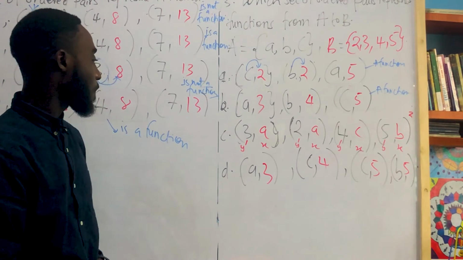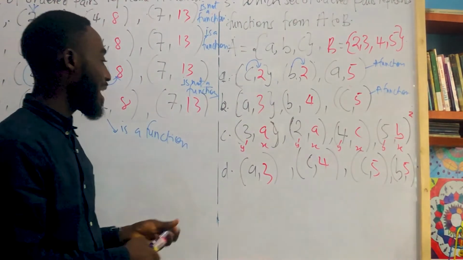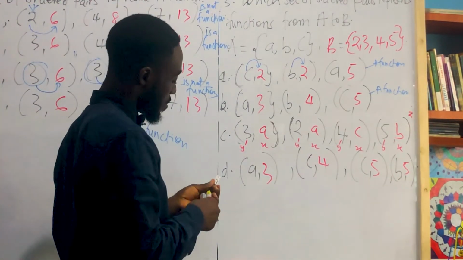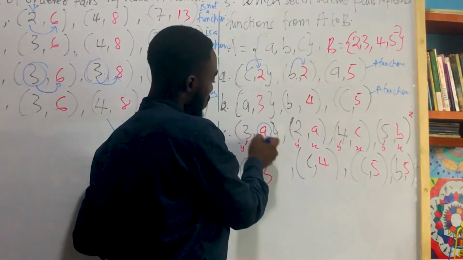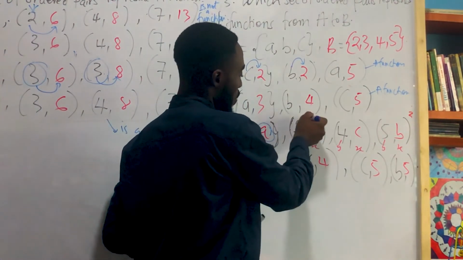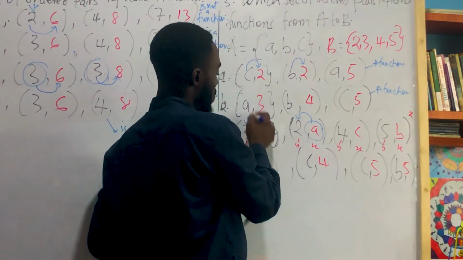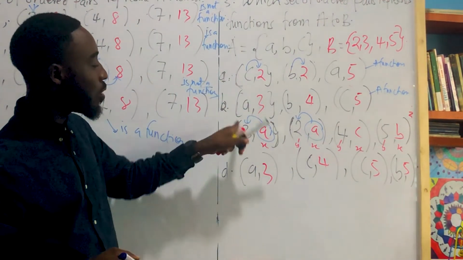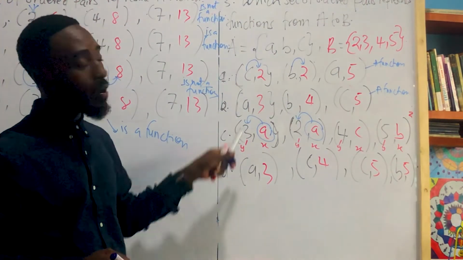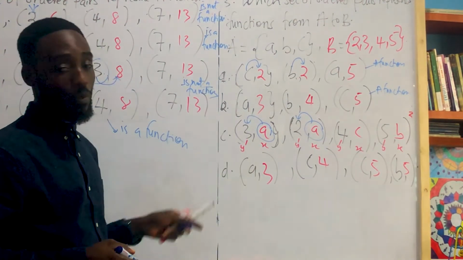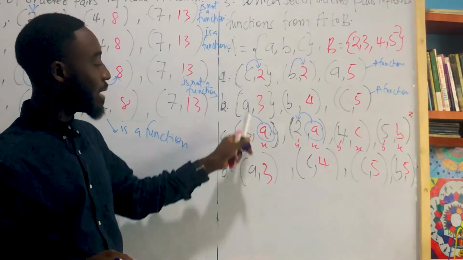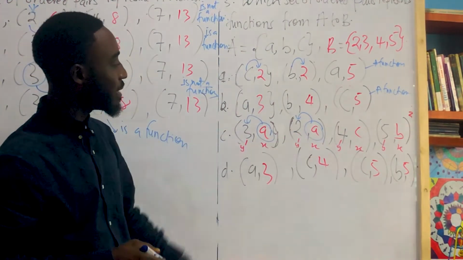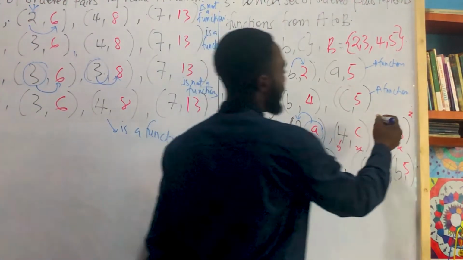We realize that this x value, a, has more than one output. So a goes to 3 and it also goes to 2. A value in the domain has more than one y value. Therefore, this is not a function.